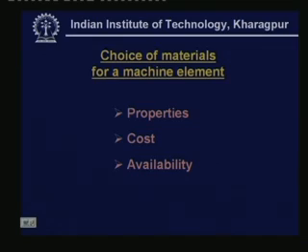Once we consider the properties and the cost, the third point, as you can see noted on the slide, is availability. Suppose you are very ambitious and have developed a beautiful material with a beautiful property for the particular design you are going to make.